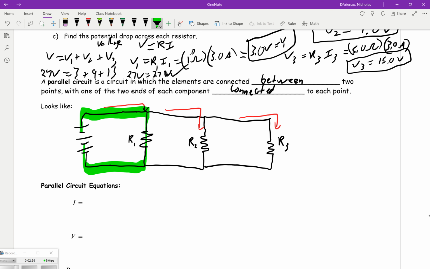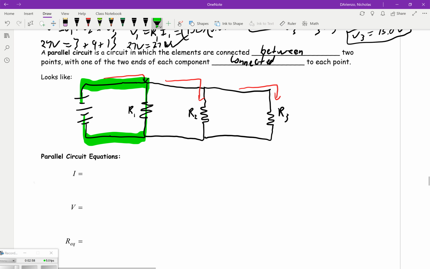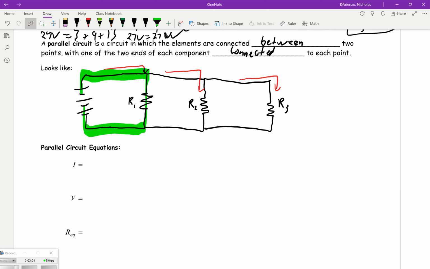So that one portion could be considered a series, but with these other 2 sections added on there, this whole circuit becomes a parallel circuit because now, from the source of potential difference, our battery, there are multiple paths, multiple branches for the current to flow. And because of this, our current, voltage, and equivalent resistance are treated differently than they are in a series circuit.